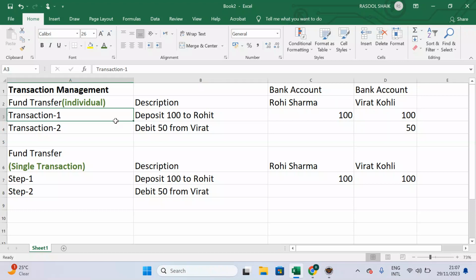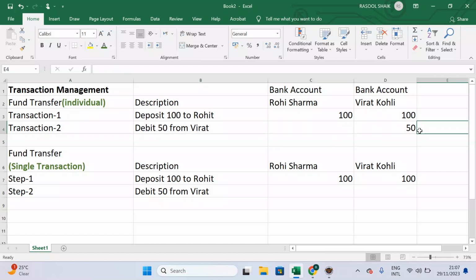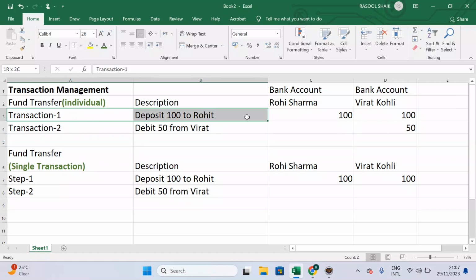Let's assume these are both individual transactions. In the real world, a transaction can contain multiple database operations as well, so we can execute multiple database operations as part of one single transaction. Here the first step is one single transaction, and the second step is another single transaction. So both are individual transactions.